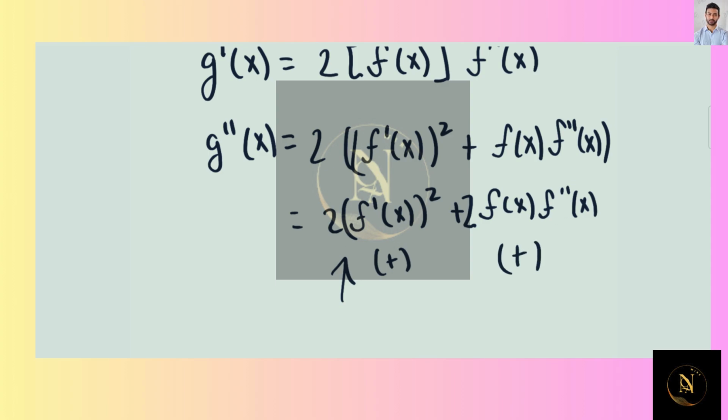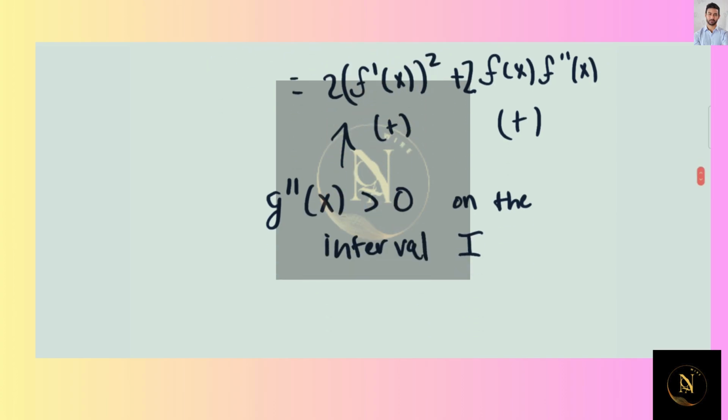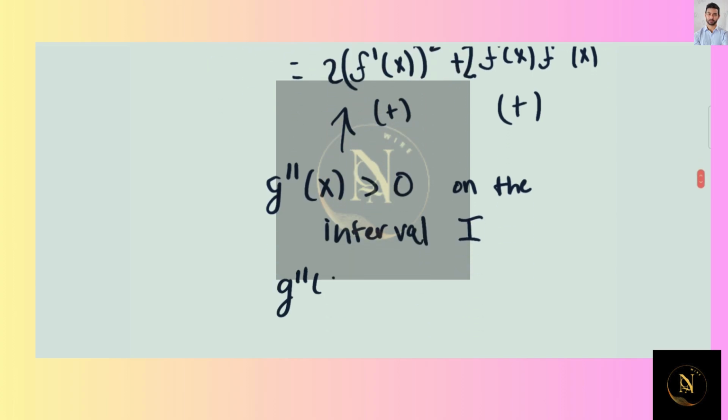So this is going to be equal to a positive number plus a positive number, which means that g double prime of x is going to be greater than 0 on the interval I, which means that g of x is concave up.